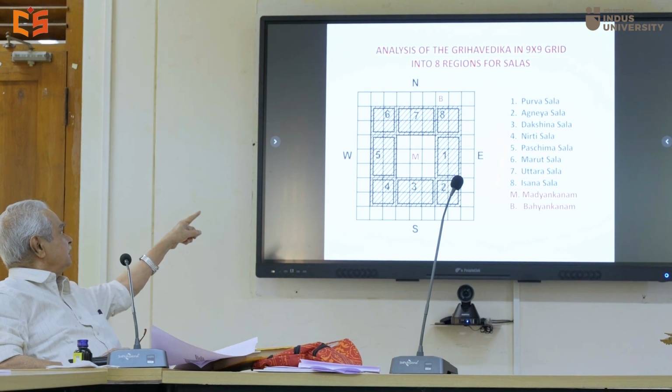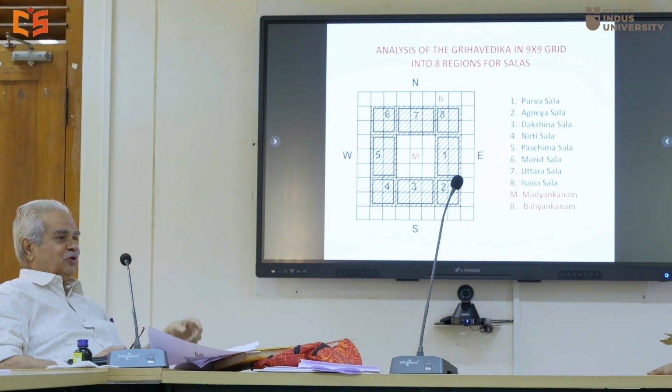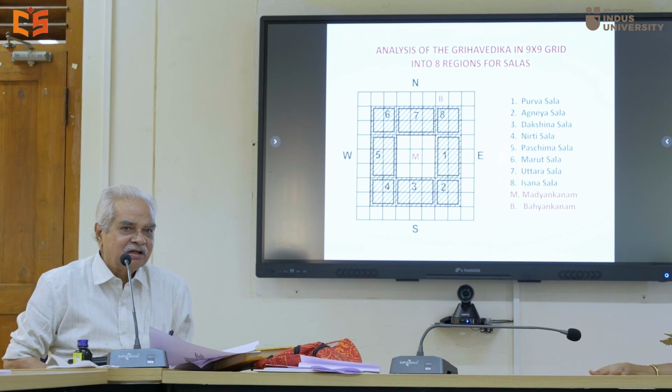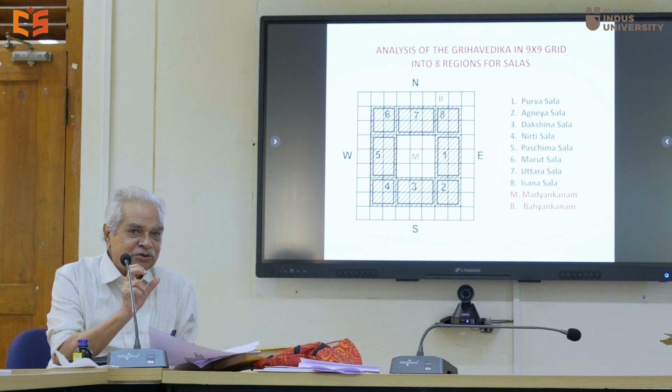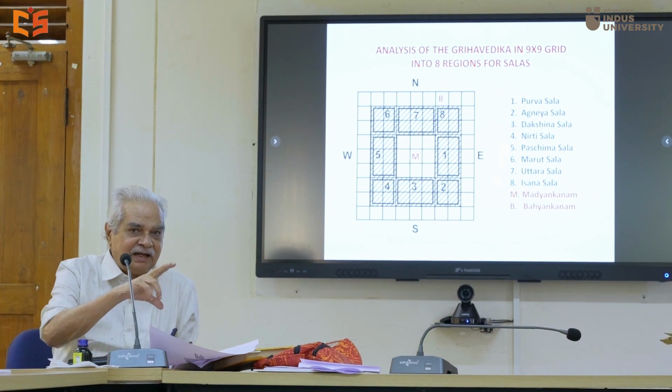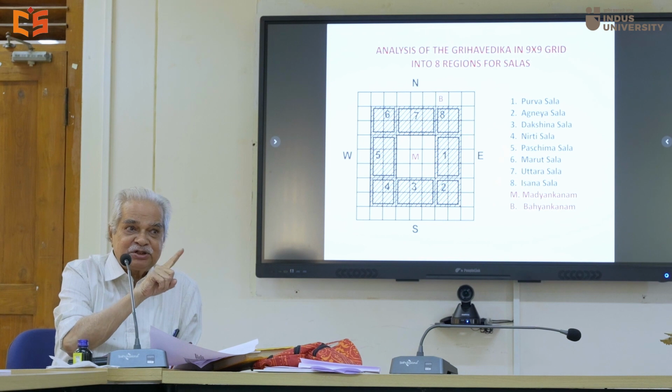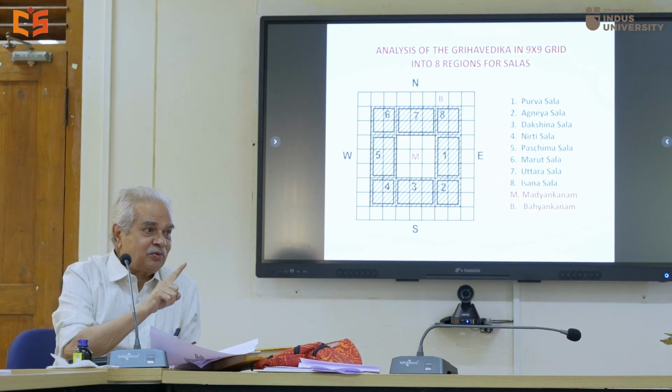Now area mark 5, for example, has a width of 2 pada and a length of 3 pada. Do you see? That means the ratio of width to length is 1.5.